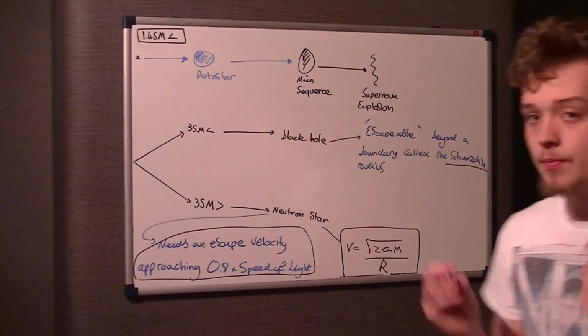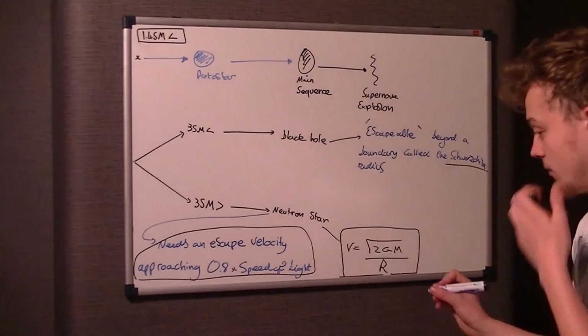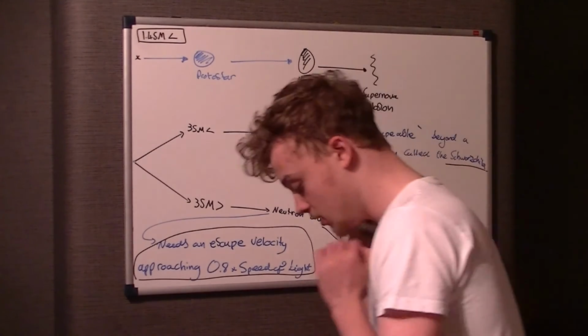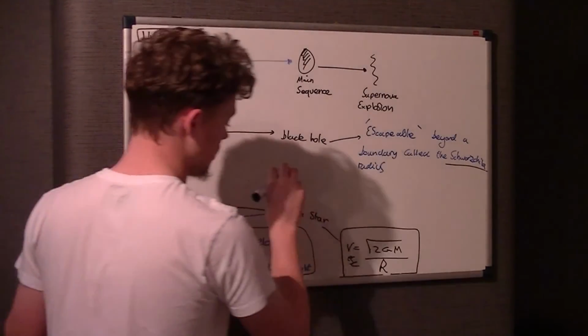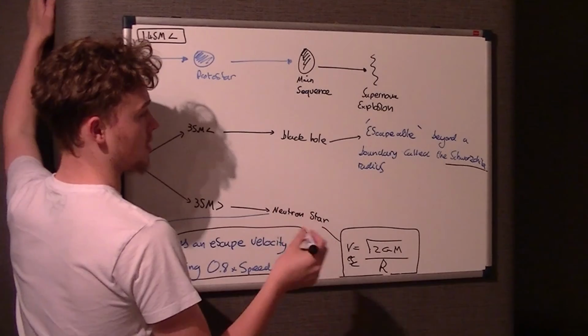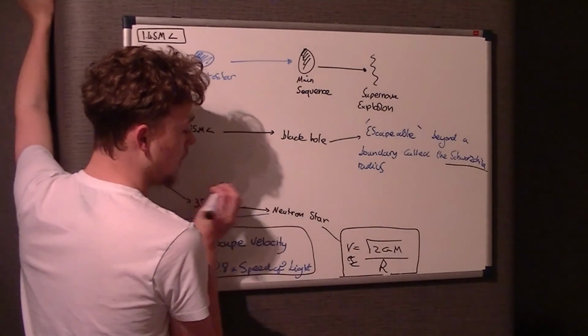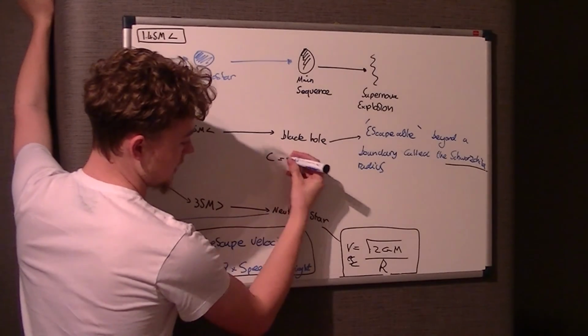So the velocity is going to be the speed of light. That's the escape velocity. Using the same equation that we used for the neutron star, instead of putting escape velocity, we know that's equal to the speed of light because that's the first thing that's going to be able to escape this black hole. We put that as c.